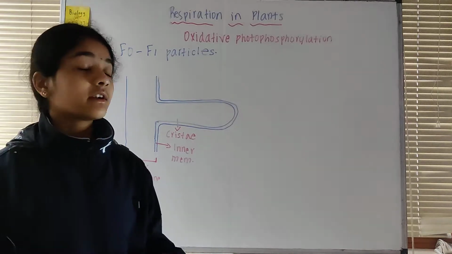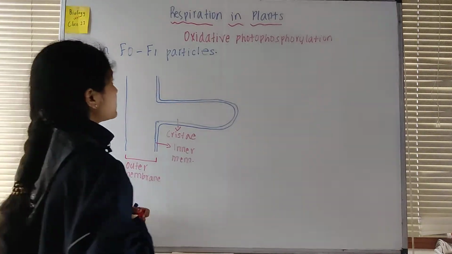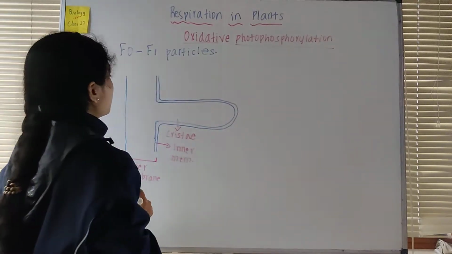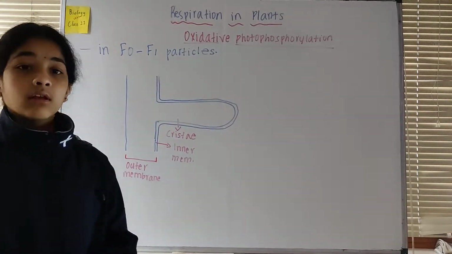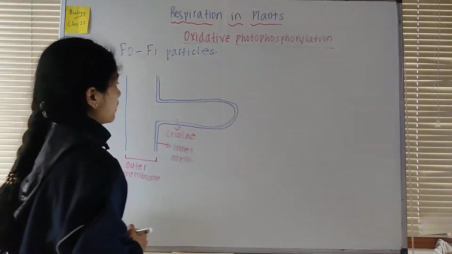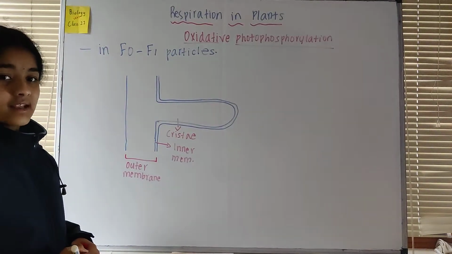Now let's talk about what exactly happens in the process of oxidative phosphorylation. Here the protons, so this is the matrix, the fluid which is present in the cell.